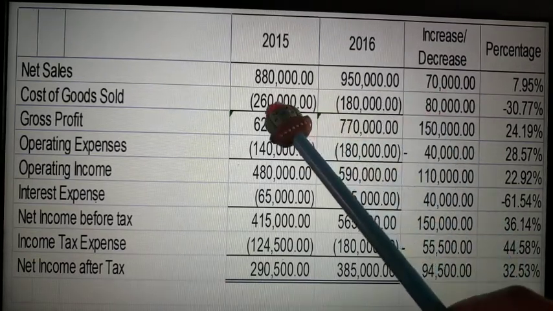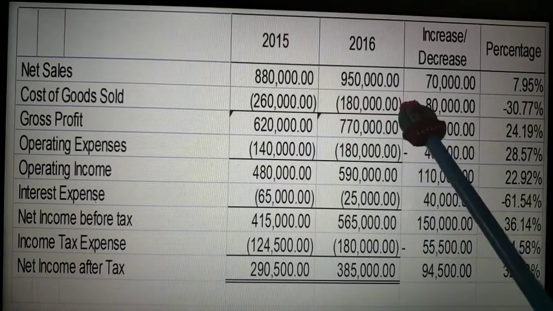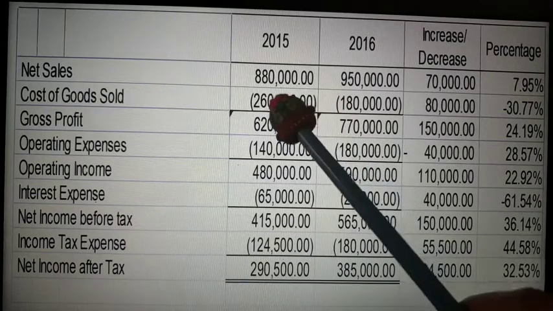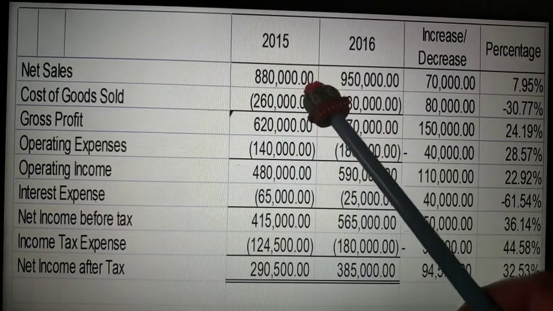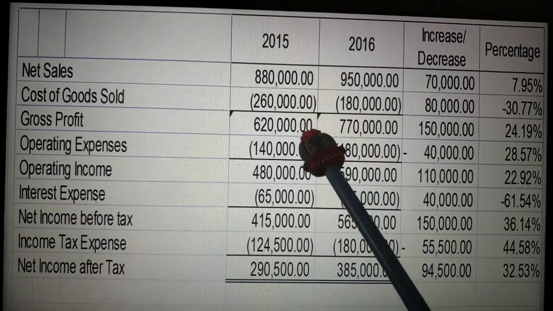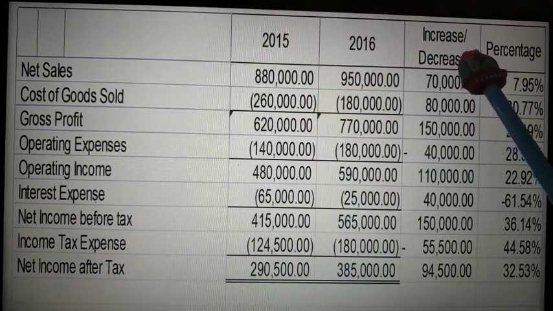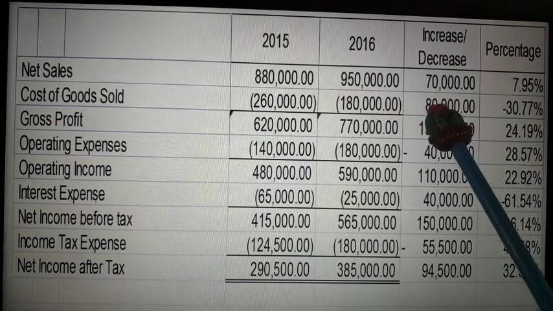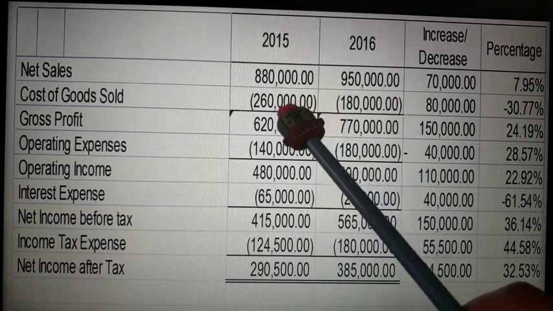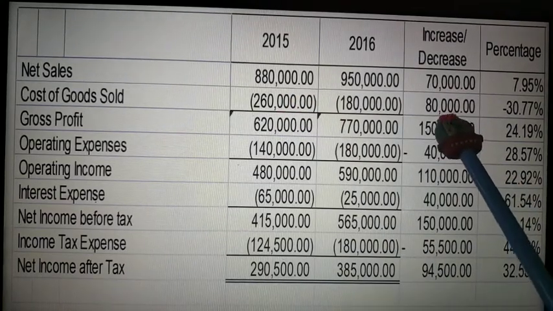Okay. Dayon, as you can see, naay naka-open and close parenthesis, diba, diri nga mga amounts. Kani nga mga open and close parenthesis nga mga amounts is, it means nga, gikan kang 880, gi-minus nimo si 260, nakuha nimo si 620. But, pagkuha nimo sa increase and decrease, mao ra gyapon imuhang process. 180 minus 260, dayon 80,000.